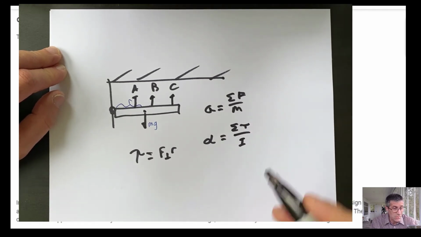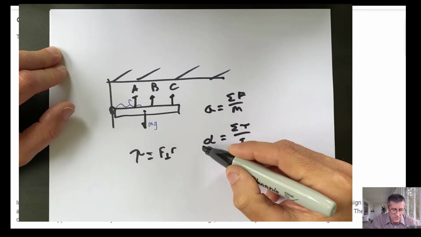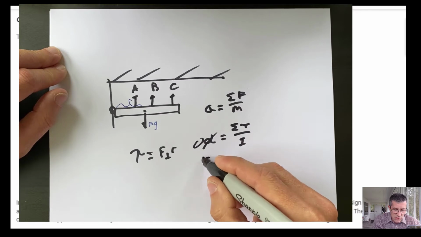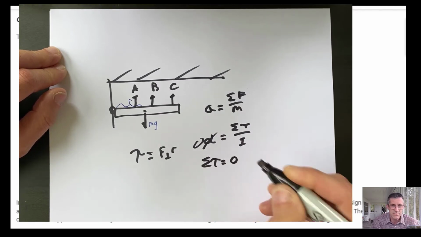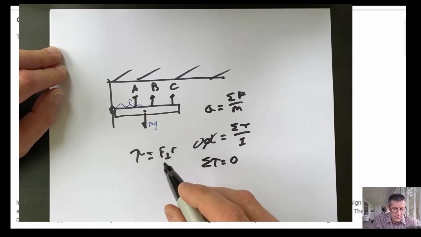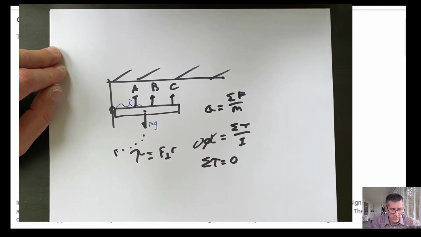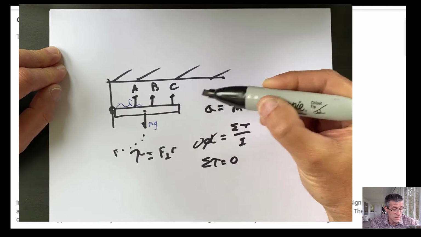Don't worry, this is going to simplify. If this is 0, I can get rid of this. So this means the sum of my torques needs to add up to 0. That means that this one, which is going in a clockwise direction, is going to be counteracted by one of these three.